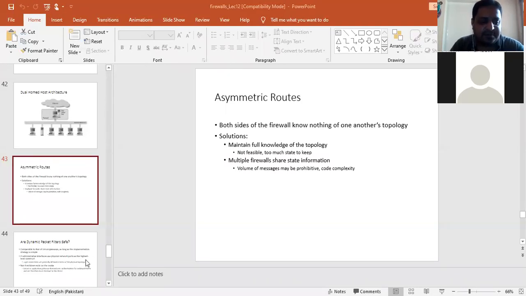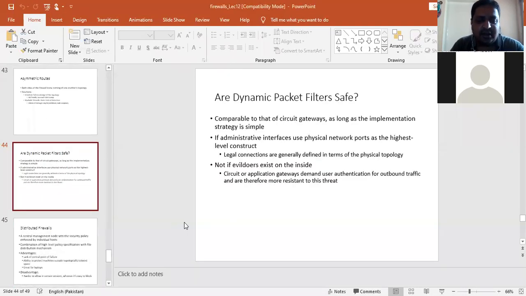And as we are discussing dynamic filtering, it has different types of applications. For example, in dynamic filtering we are using packet filtering, application filtering, or the circuit gateway.